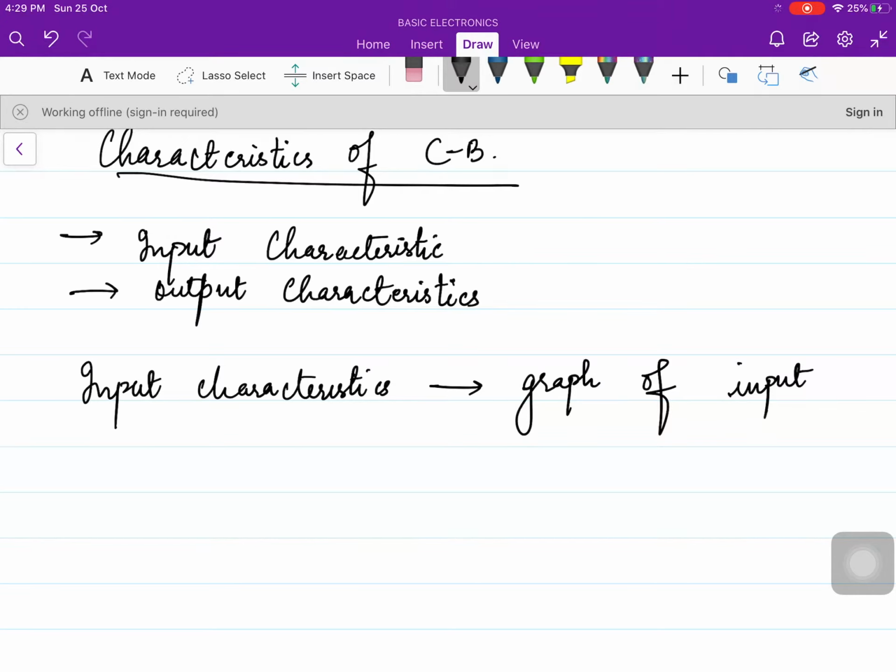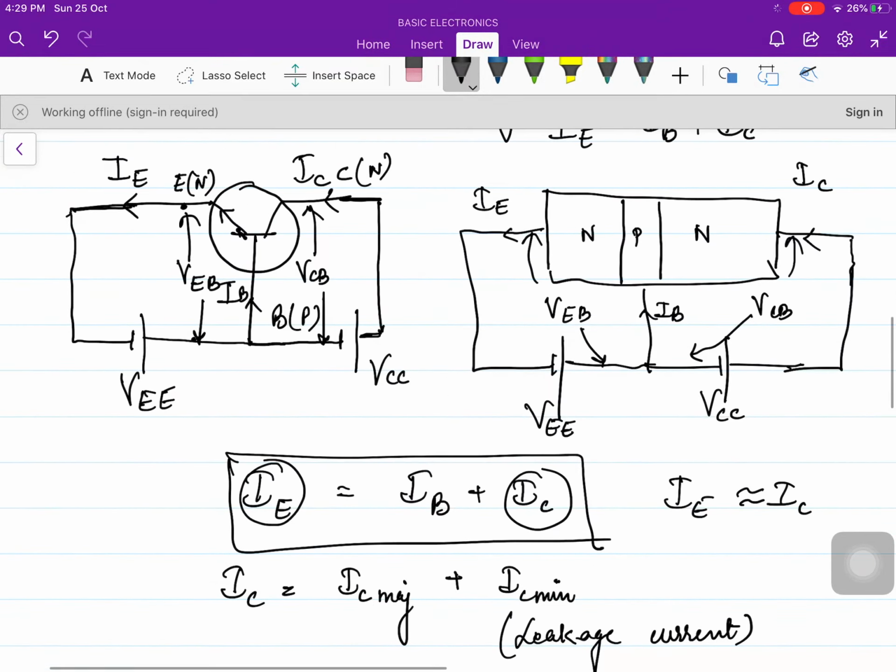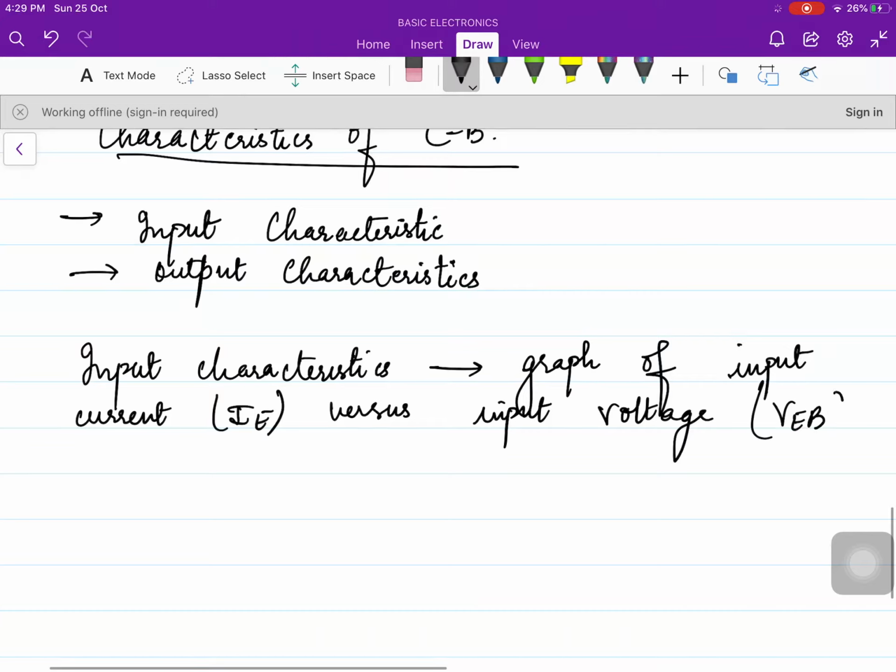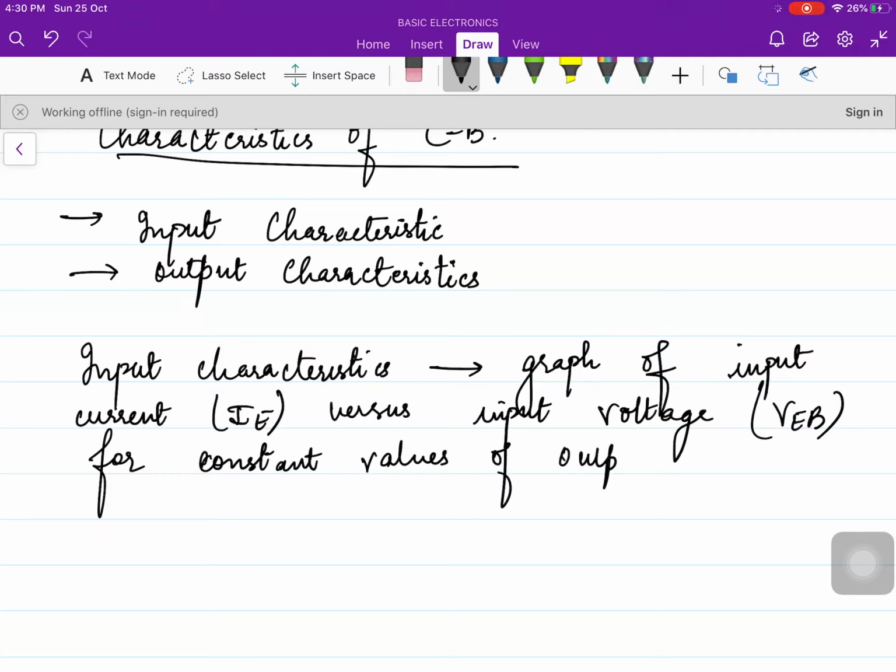Graph of input current, and what is the input current in case of common base? That is IE versus input voltage. What is the input voltage? Just look back to your diagram. This one, input voltage is VEB, for constant values of output voltage.